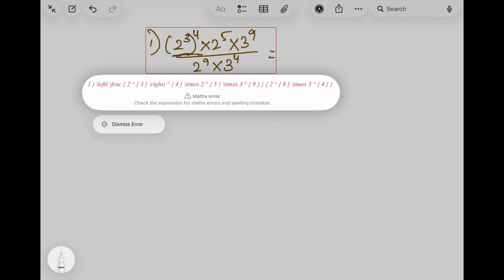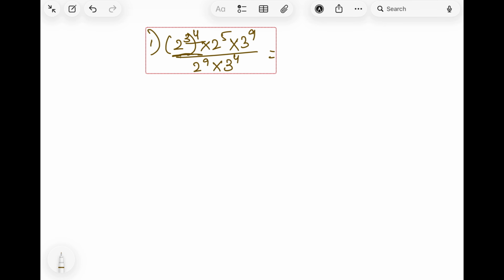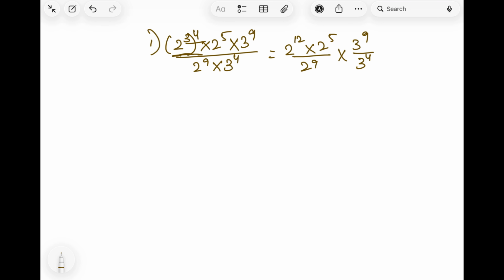In this the powers will be multiplied. So this becomes 2 raised to 12 into 2 raised to 5 upon 2 raised to 9. Now what did I just do? I am just grouping the same base numbers on one side, and the other numbers which again have the same base, on the other side.